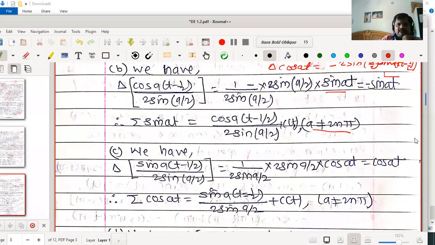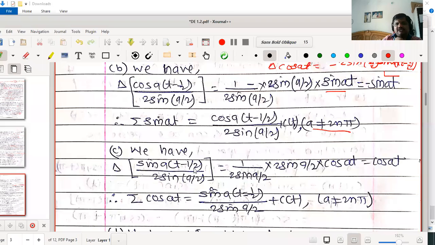We know that delta of sin of a into t minus 1 by 2 upon 2 sin a by 2 equal to 1 upon 2 sin a by 2 as it is 2 sin a by 2 into cos at equal to cos at, and therefore summation of cos at equal to this whole term plus c of t. Again, as denominator is sin a by 2, so a should not be equal to 2n pi. Very parallel proof is there.